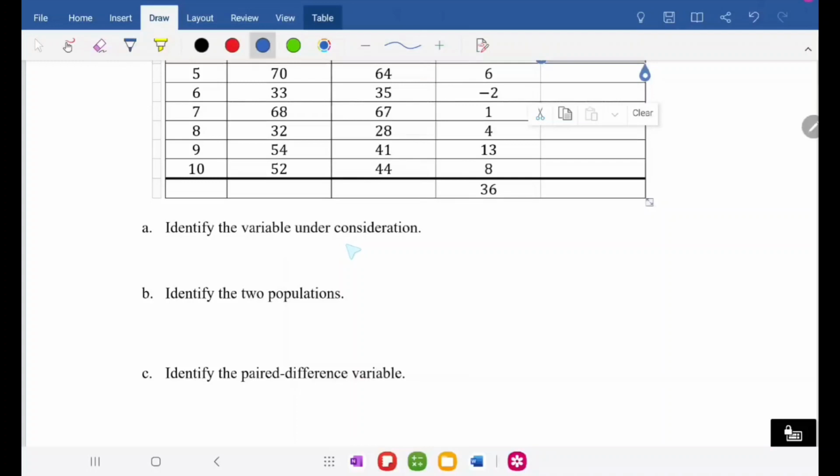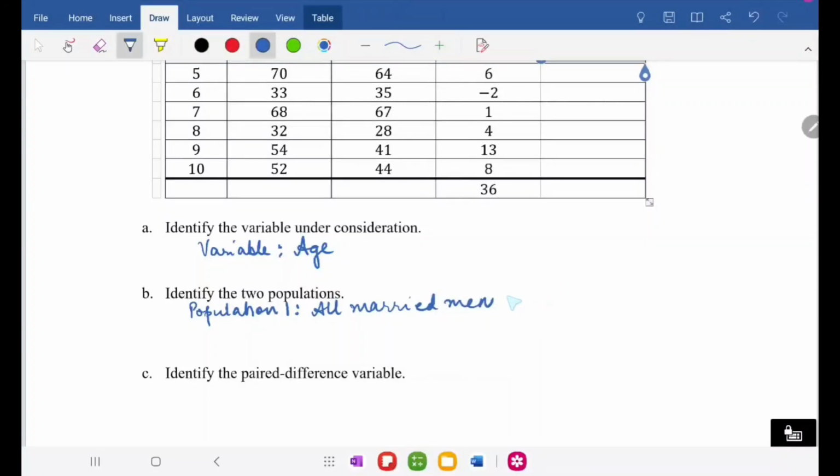It says identify the variable under consideration. Since we are doing the study of comparing the age difference between husband and wife, our variable is going to be age between husbands and wives. Identify the two populations. So we'll have population 1, which is going to represent all married men, that's husbands, in the US.